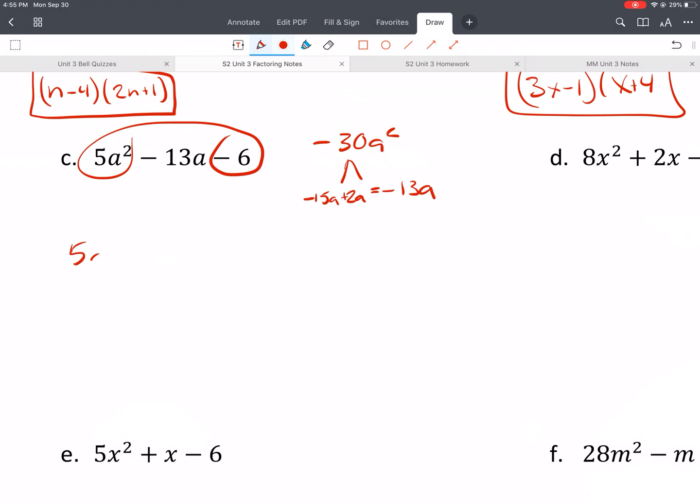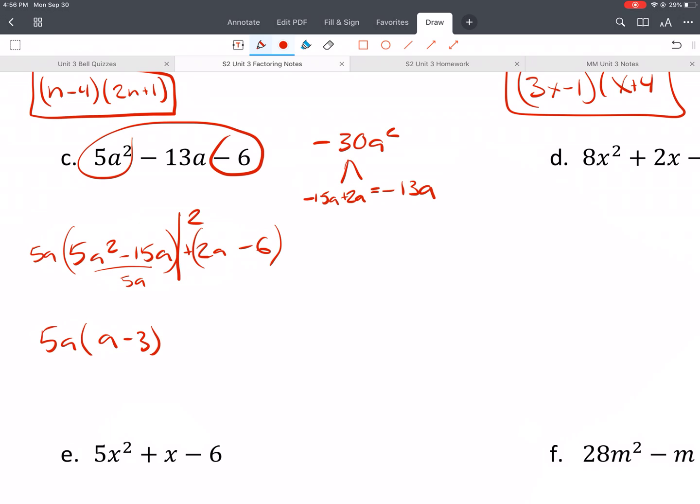We'd have 5a squared minus 15a plus 2a minus 6. Greatest common factor here, you could factor out a 5 and an a, so we'd have 5a times a minus 3. Here we can factor out a 2, so plus 2 times a minus 3. We get a minus 3 times 5a plus 2.